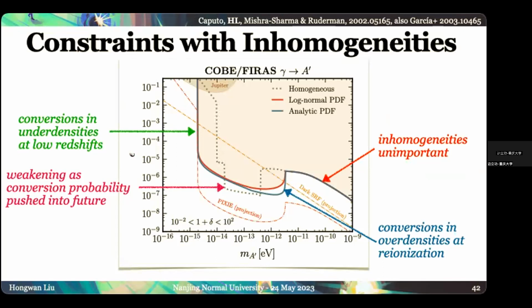Okay, if there are some other light particle can induce some inhomogeneity in the CMB. Like what other light particles are you thinking about? Such as some other G prime, for example.